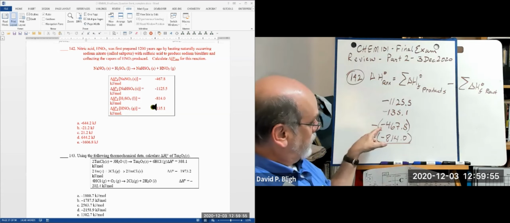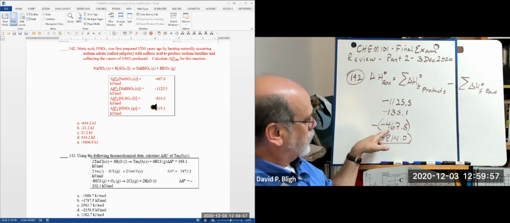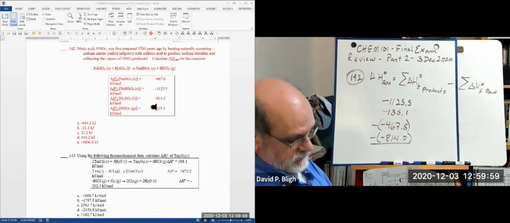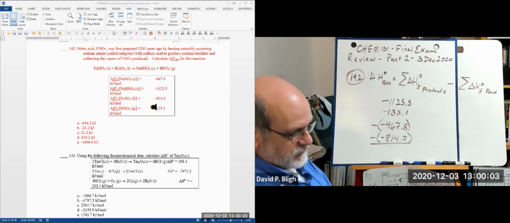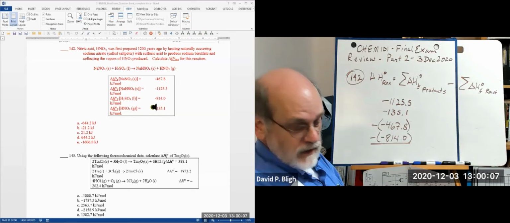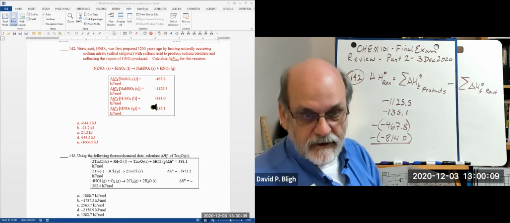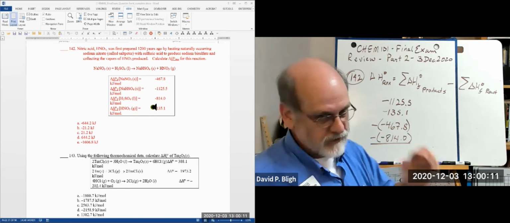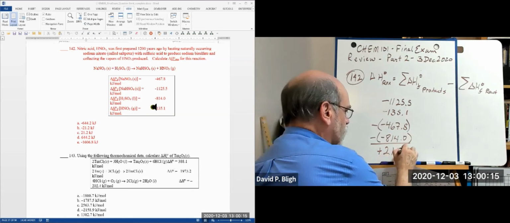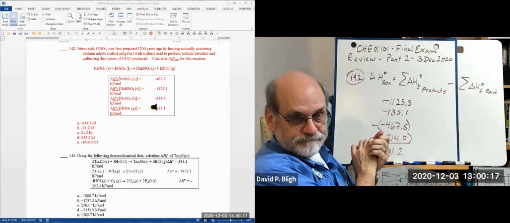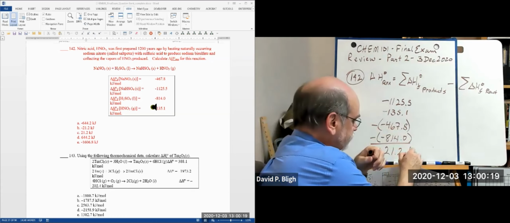And then we'll add, because this is minus, minus, minus, minus, we'll add 467.8 and 814. So that gives us a positive. Sign matters here, positive 21.2, okay, kilojoules.